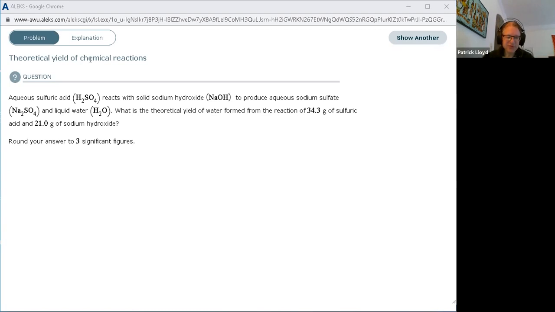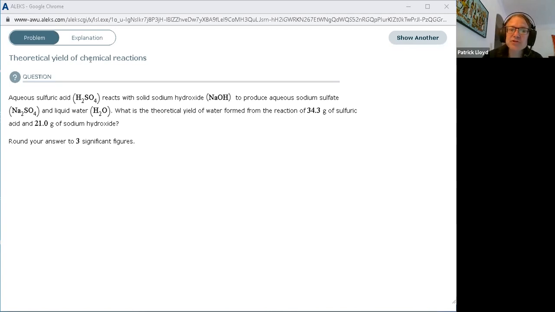So let's start by translating these words into a chemical equation. We're going to take sulfuric acid, H2SO4. That's one of the reactants. Solid sodium hydroxide, NaOH, that's the second reactant.